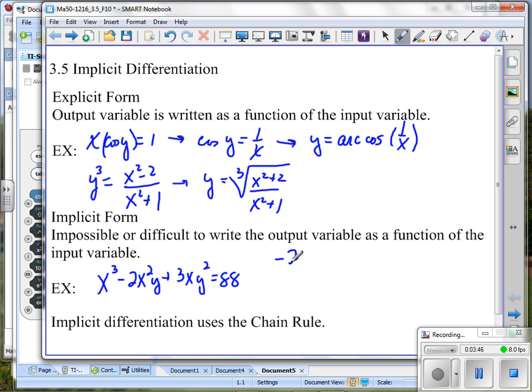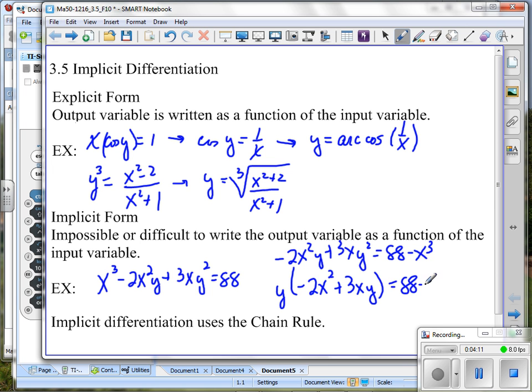So we'd have negative 2x squared y plus 3xy squared equals 88 minus x cubed. No big deal. Factor out a y. You got y's in both of those. So then I have y, the quantity negative 2x squared plus 3xy, because that's a y squared there, right? Equals 88 minus x cubed.